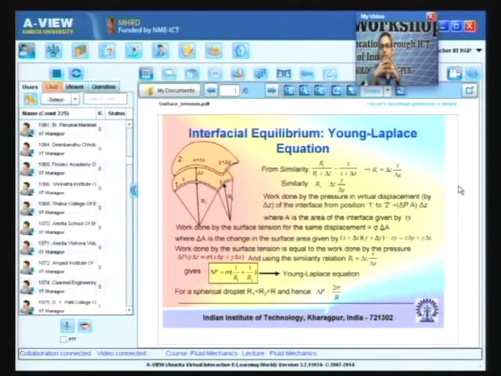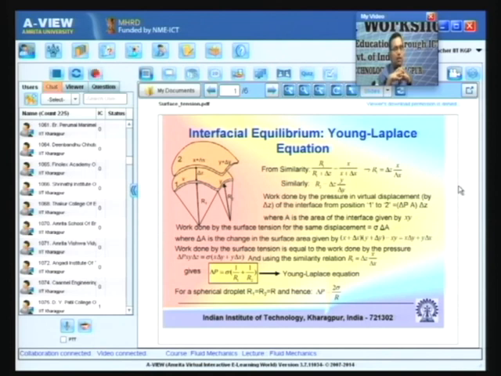When this additional surface area is created, there is a work associated with it. If this additional area is delta A, then that work is sigma into delta A, where sigma is the surface tension coefficient, the force per unit length that we described. The surface tension coefficient is also very commonly, or loosely, termed surface tension. Surface tension and surface tension coefficient many times indicate the same fluid property.